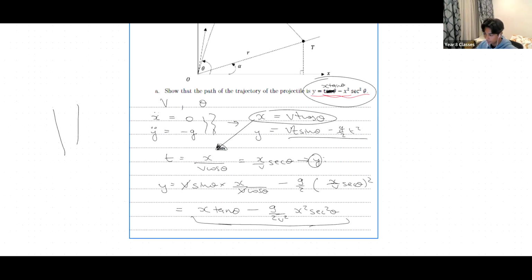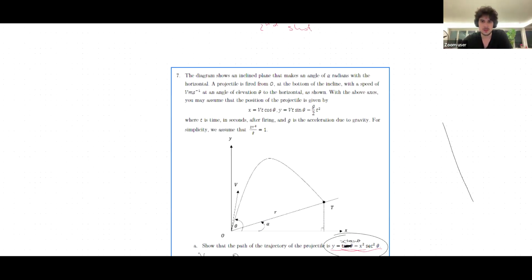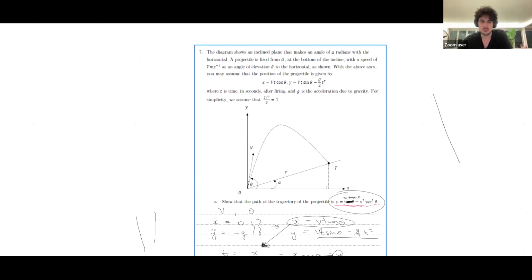Is there something in the question that lets us eliminate that? Have a look for it. Yeah, where it says assume this equals 1. So we can assume 2V squared on G equals 1, which means G on 2V squared is also 1.